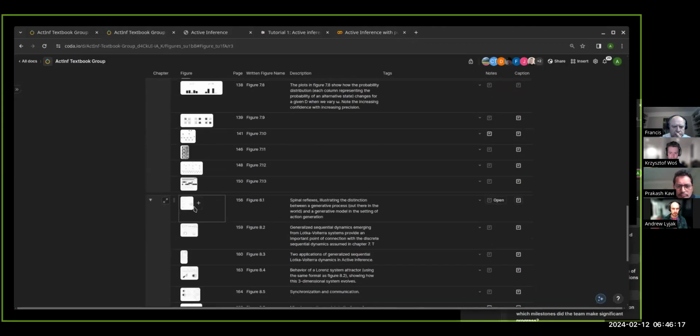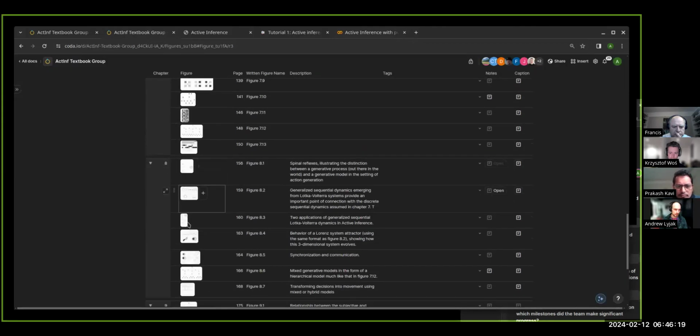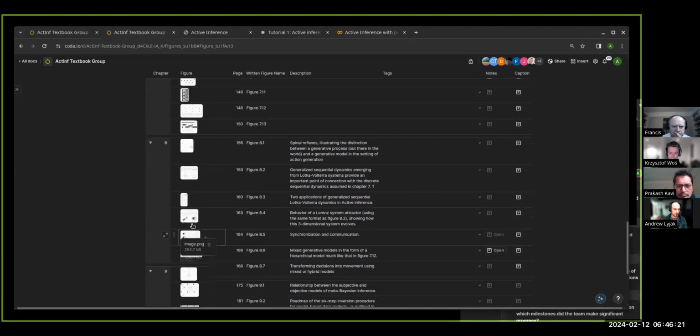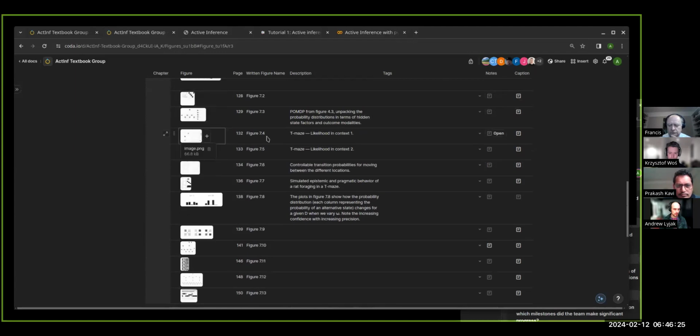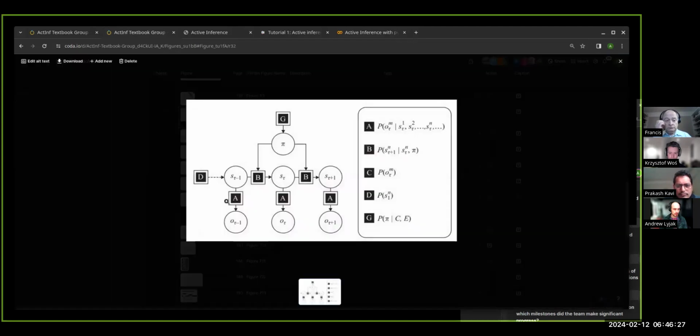So just to refer to the figure of chapter 7, which is the next chapter, which goes into more detail on the discrete time model. So A, B, C, and D. A, B, C going into G, here's C, because policy distribution is conditioned upon preference and habit. So it's just kind of getting wrapped into this G visualization.